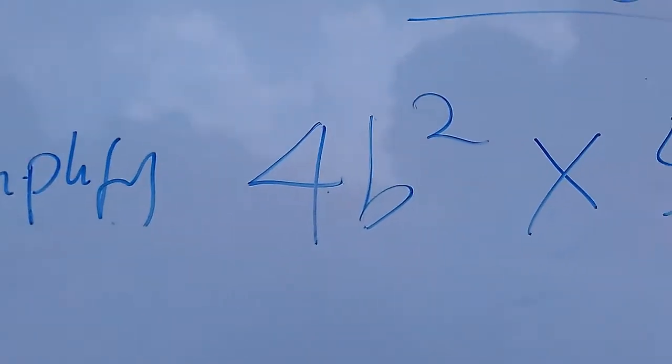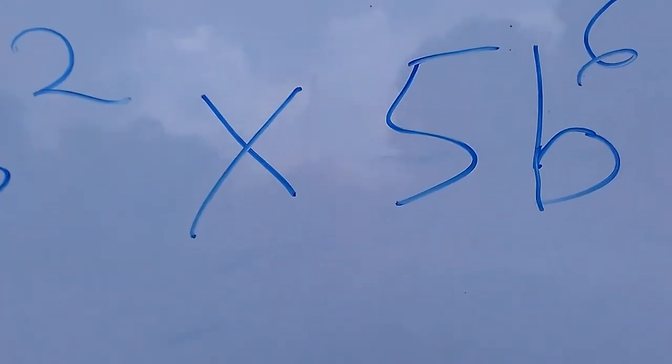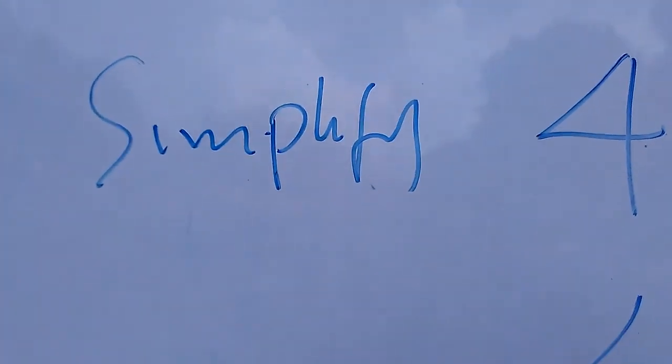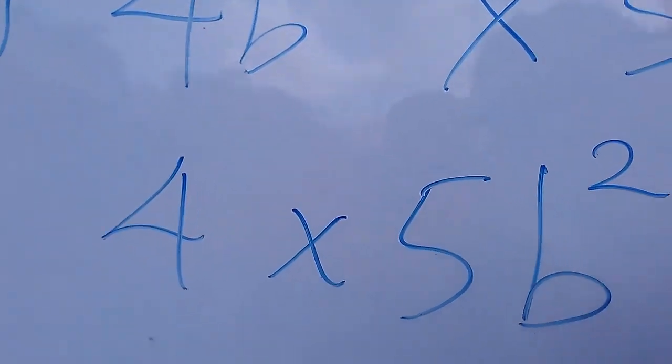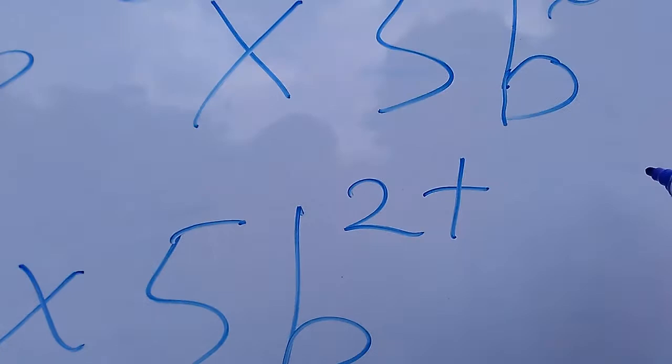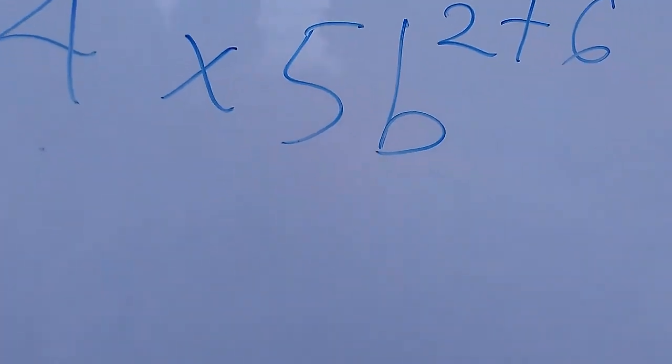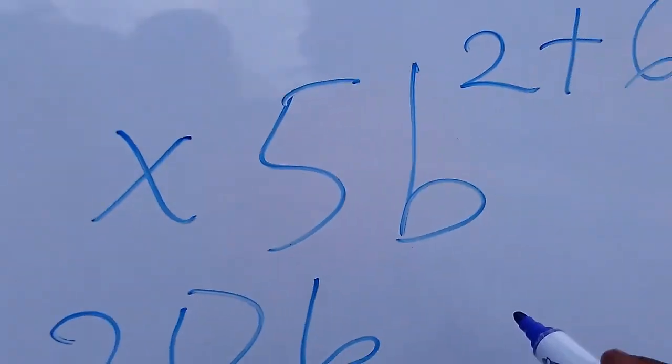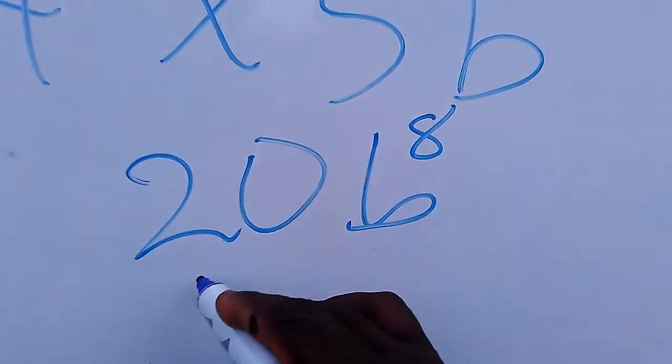This example is, simplify 4b squared times 5b raised to the power 6. So here we'll say 4 times 5b raised to the power 2 plus 6. So we have 20b raised to the power 8.